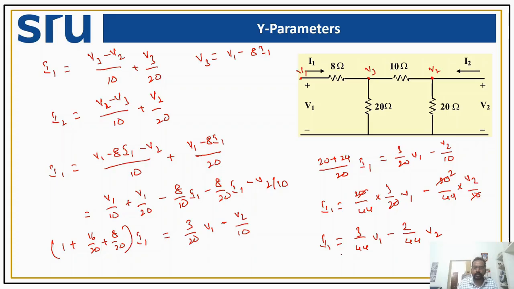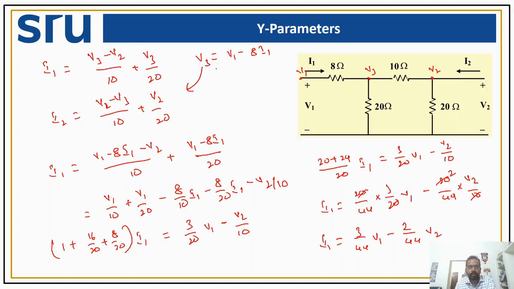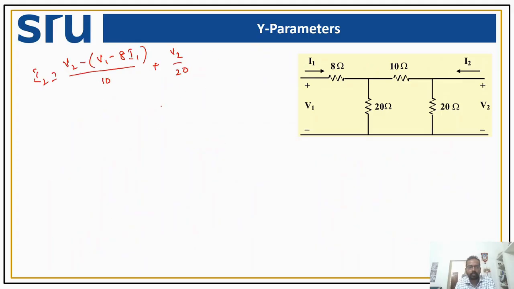Now let us apply this I1 and substitute V3 in this equation also. We get I2 equal to V2 minus V3, where V3 is nothing but V1 minus 8 I1, divided by 10 plus V2 divided by 20. We have substituted this V3 in this equation.